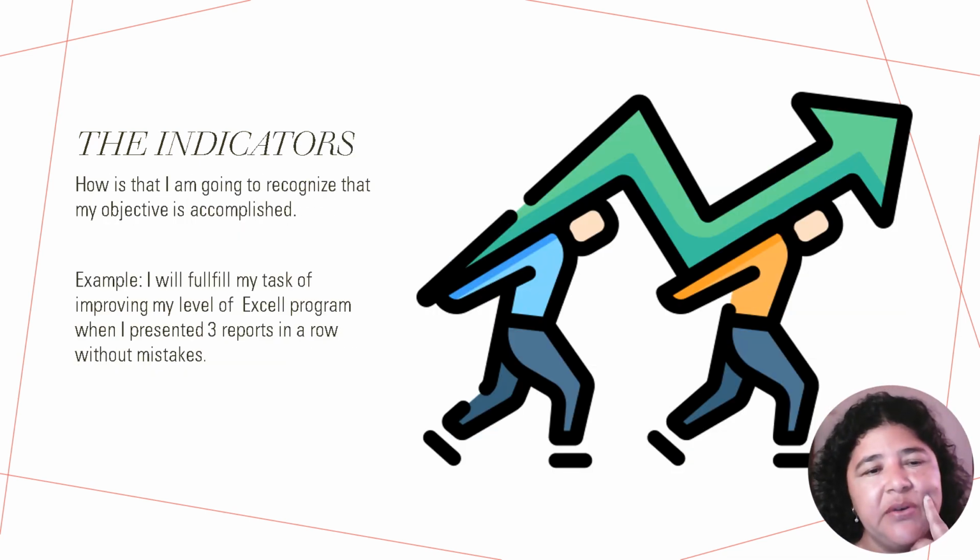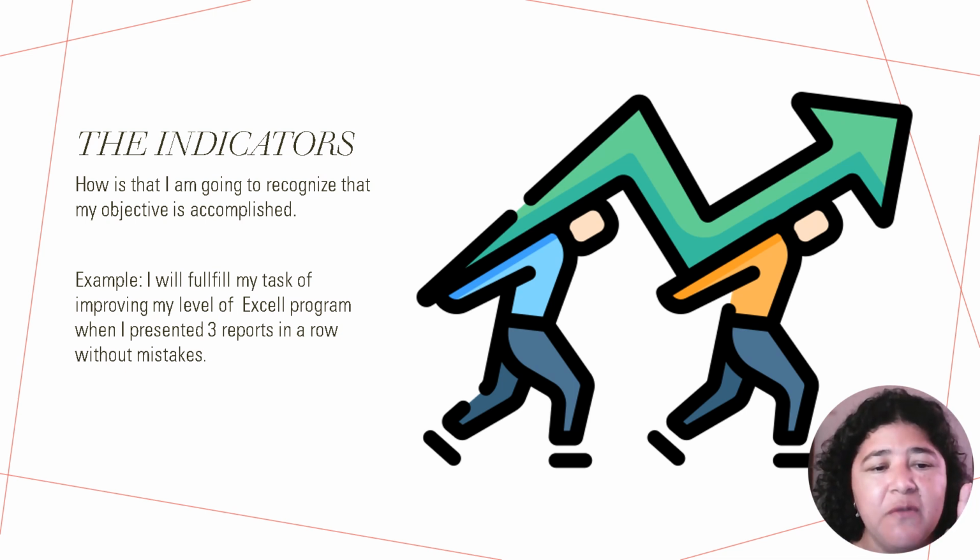The indicators are basically going to describe when or how you are going to recognize that your objective was accomplished. So I have an example here.